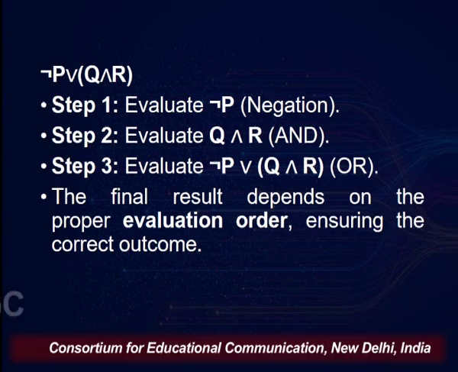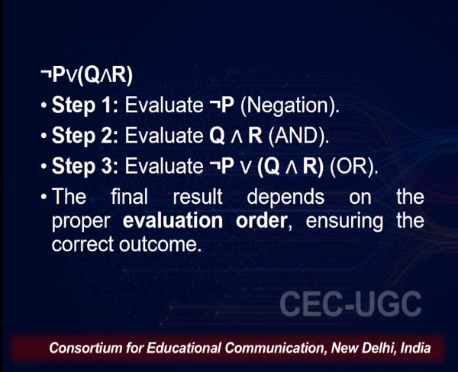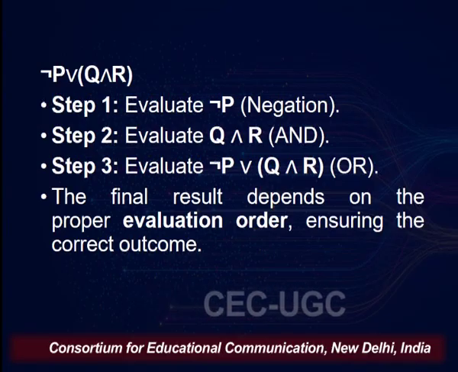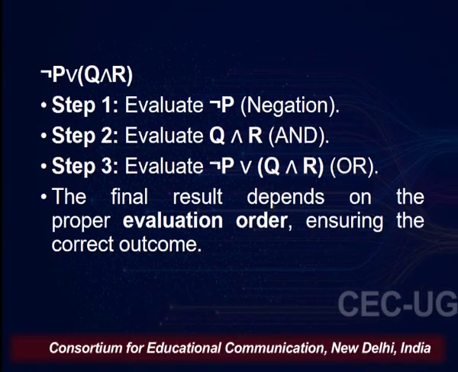The final result depends on the proper evaluation order, which ensures the correct outcome. If the proper evaluation order is not followed, there is a higher possibility that the outcome will be incorrect.